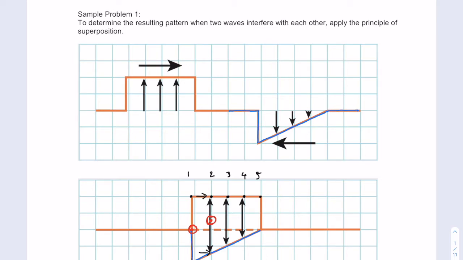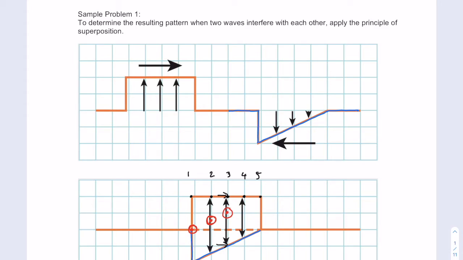Let's then find the sum at point 3, where we have 2 units above and 1 unit below. That resulting interference pattern, +2 minus 1, is +1. So we have a resulting interference point that is 1 unit above.